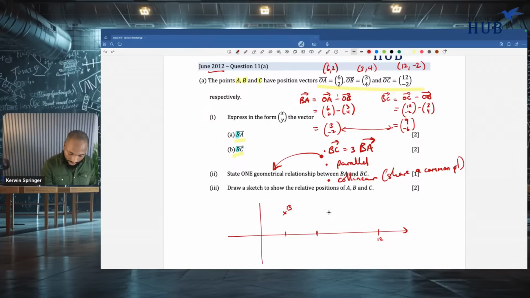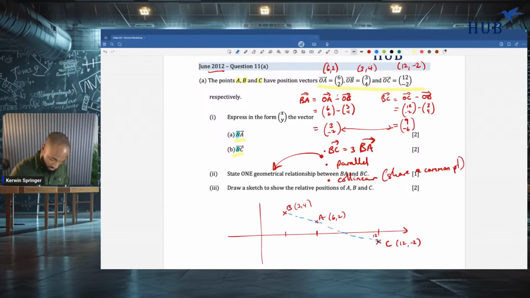That is A. And (12, negative 2) will be right here. So that is C. So B is actually closer this way. B is (3, 4), A is (6, 2), and C is (12, negative 2). And we can put a nice little dotted line here to show that they are collinear.